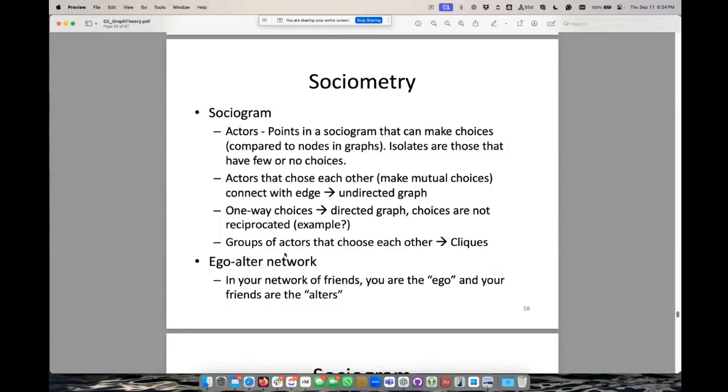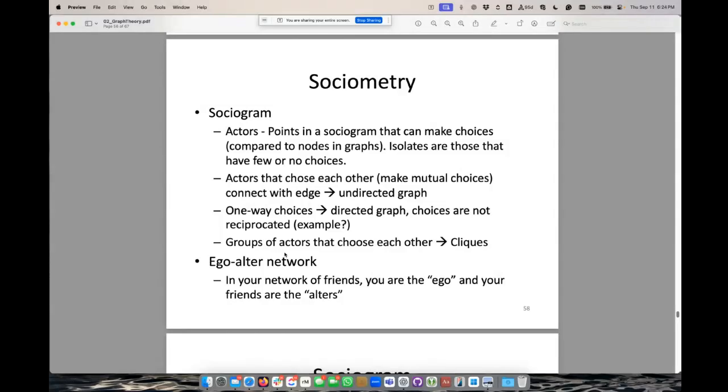A sociogram is nothing but a modern day social network, where you have actors, which are kind of nodes in our social networks, but they were considered as points or dots in a sociogram that can make choices, and these choices were relationships, right?